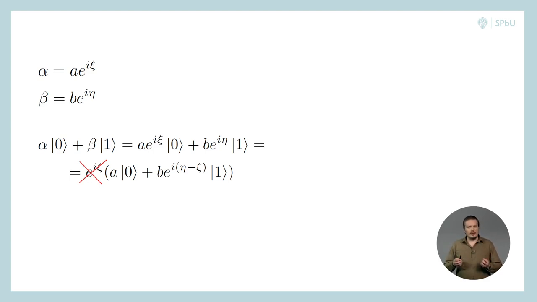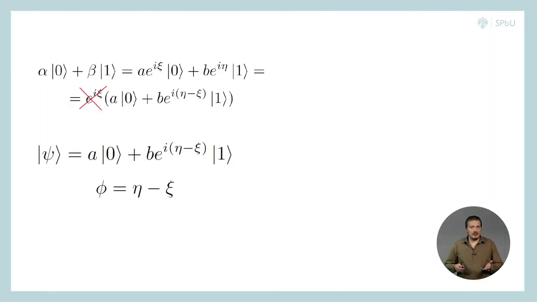This multiplier e to the power i xi is now applied to the whole state, and we can omit it, since multiplication of the whole state by a scalar does not change the state. So the state psi can now be rewritten like this.